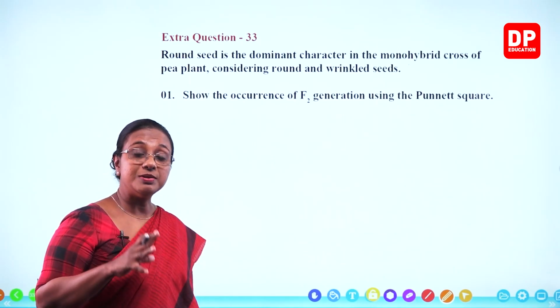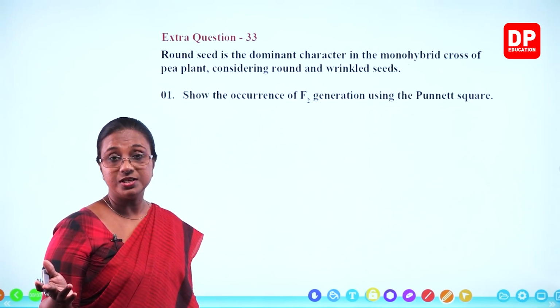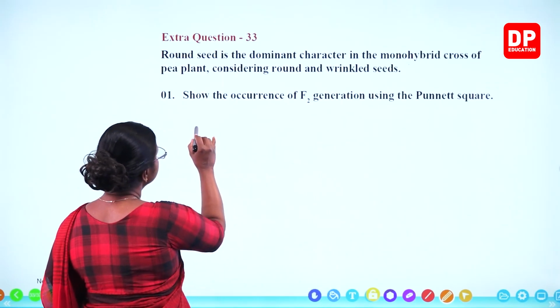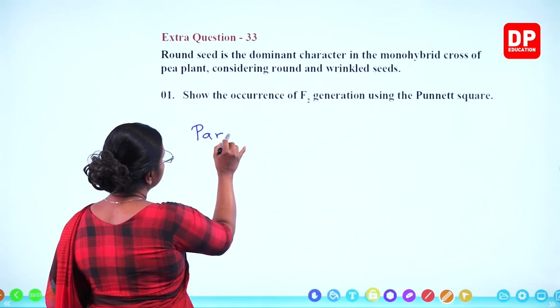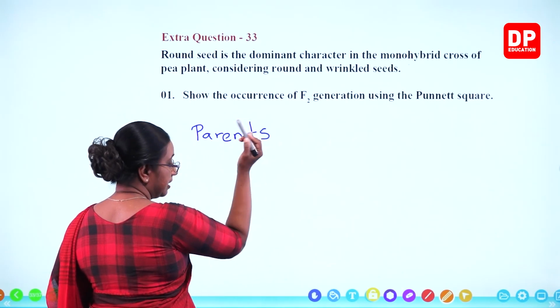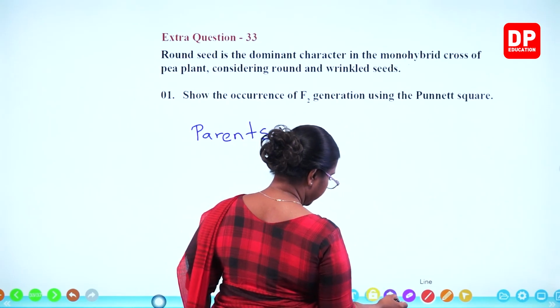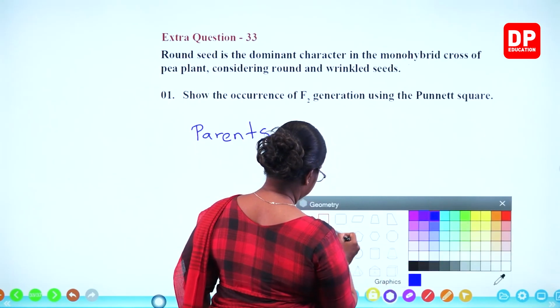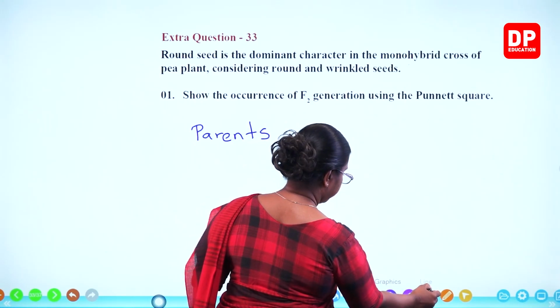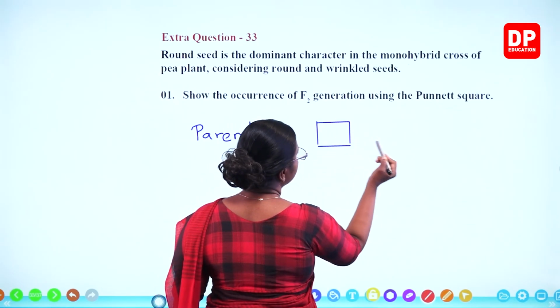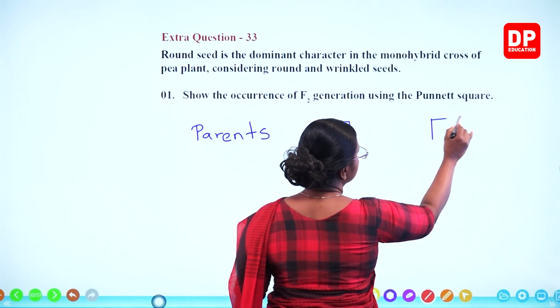So you can use symbols to show, or you can use the Punnett square. So there also you need to have the parents, then gametes, but to indicate them we use squares. We can use a square to indicate the parents.